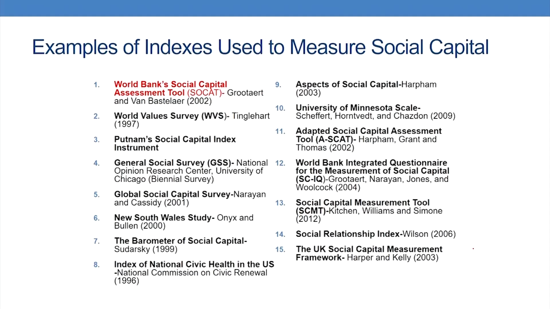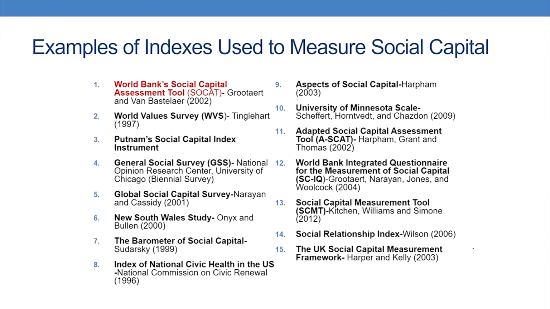The World Values Survey, Putnam's Social Capital Index Instrument, General Social Survey, Global Social Capital Survey, New South Wales Study, Barometer of Social Capital, Index of National Civic Health in the US, Aspects of Social Capital 2003, University of Minnesota Scale 2009, Adopted Social Capital Assessment Tool or ASCAT developed in 2002, the World Bank Integrated Questionnaire for the Measurement of Social Capital 2004.